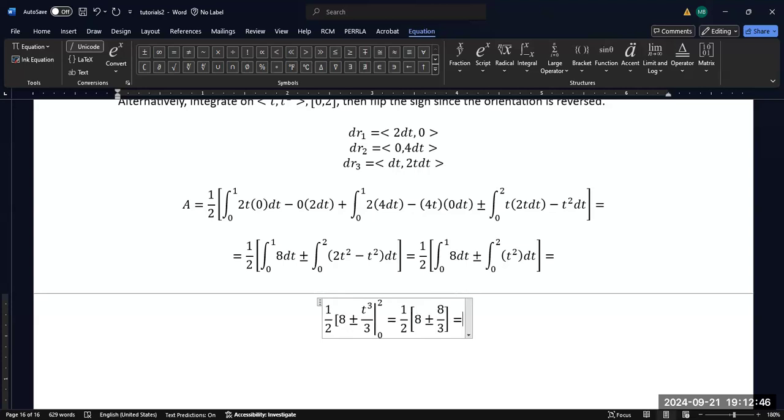Now, which sign am I going to use? Well, I'm thinking I'm going to use the minus sign, because of the orientation. So let's double check if that's appropriate. What is 8 minus 8/3? Well, it's 16/3.